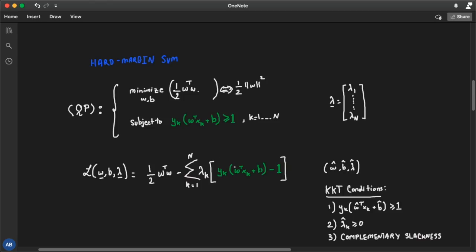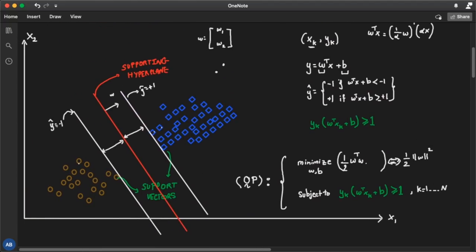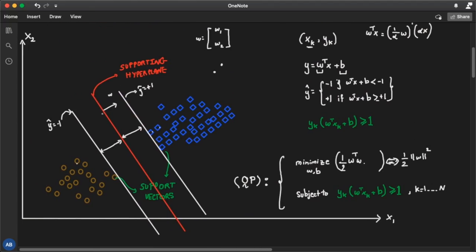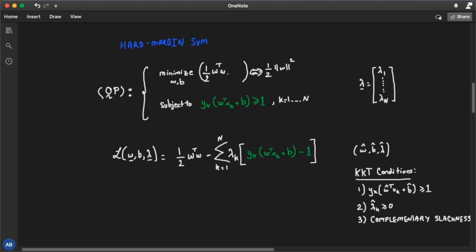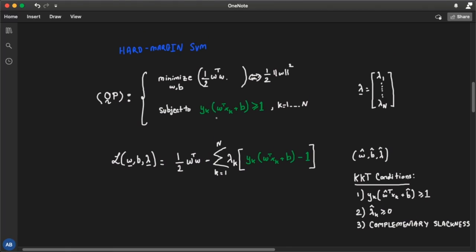What does it mean that the green constraint is 0? It means that my kth instance lies on the boundary. What happens when this term is achieved with equality? It means that xk lies on one of the margins, right? Either this line or this line, depending on the value of yk.